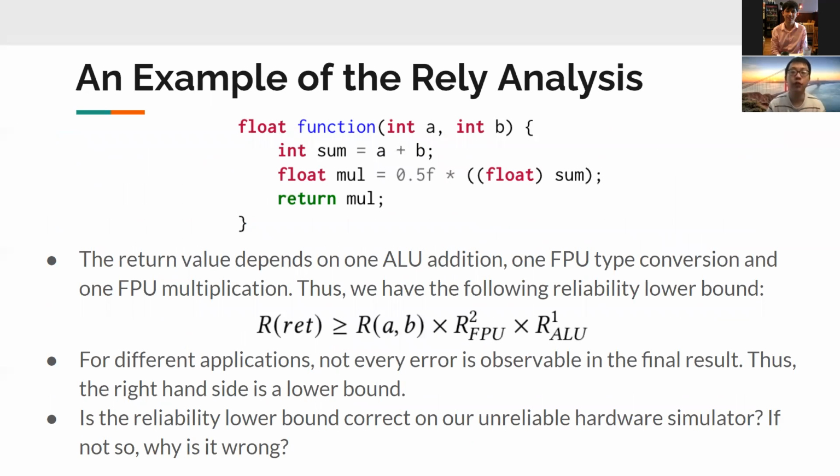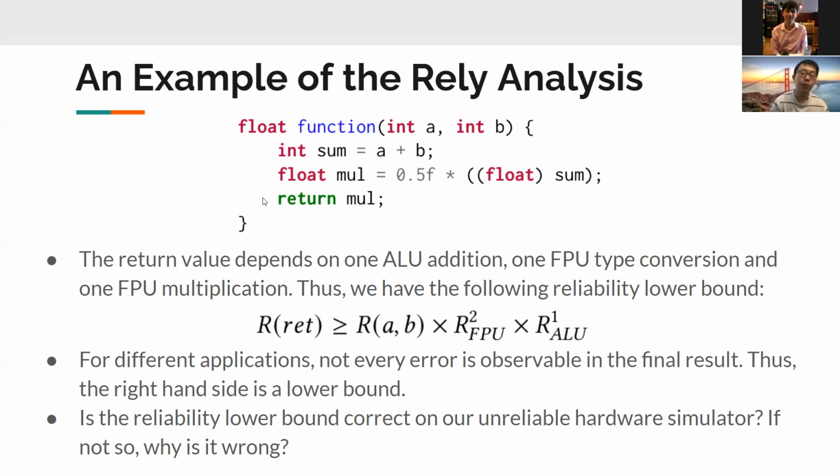An example of the Relyzer analysis is shown below. You have a very simple function. The Relyzer analysis is able to infer that the return value depends on one ALU addition, one FPU type conversion, and one FPU multiplication. Therefore, the reliability of the return value is greater than or equal to the reliability of the input arguments times two FPU operations times one ALU operation.